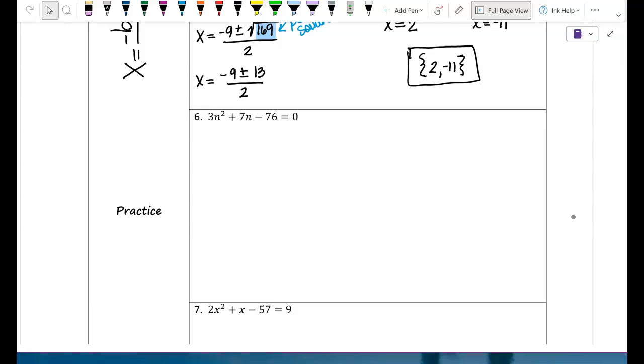Again, one side is already equal to 0, so I can start identifying my A, my B, and my C. So A equals 3, B equals 7, C equals negative 76.